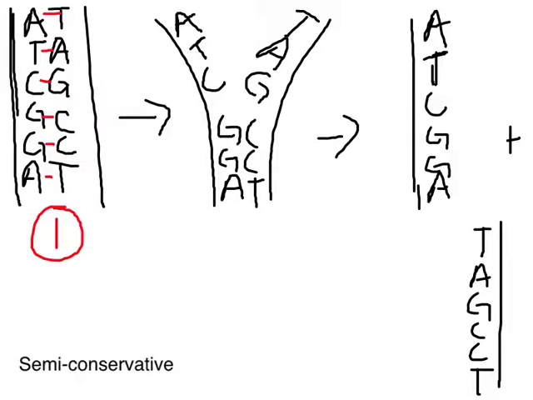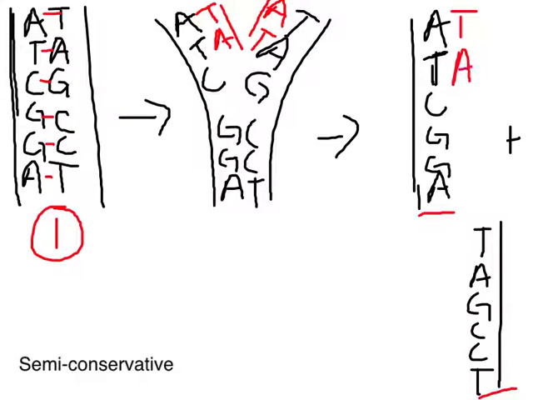The molecule begins to unzip at those weak hydrogen bonds, and as it unzips, new nucleotides begin to fill in. Okay, so you'll start to see them filling in. Eventually you're going to completely unzip the molecule, so you'll end up with the two halves completely separated from each other.